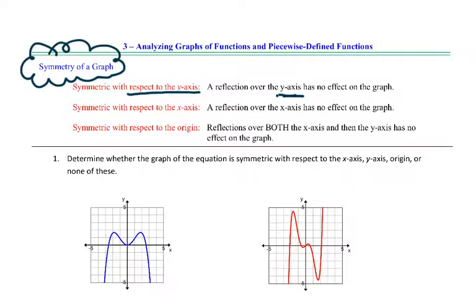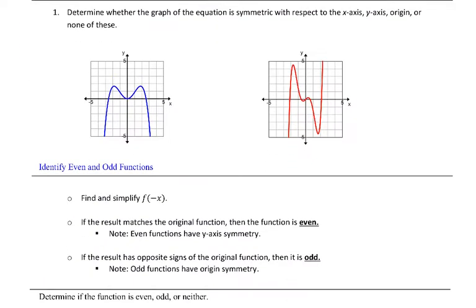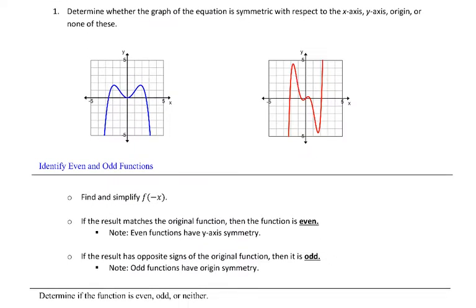Let's look at a couple of graphs and determine what kind of symmetry the graphs have, whether it's with respect to the x-axis, y-axis, origin, or none of the above. So this first one in blue, you can see that if I were to flip it over or reflect it over the y-axis, this point would flip over to here and vice versa.